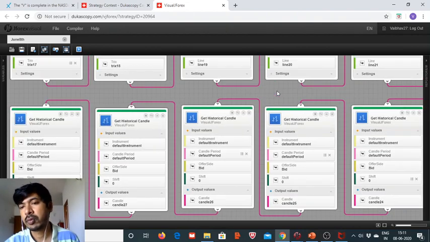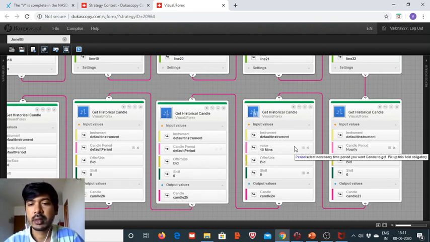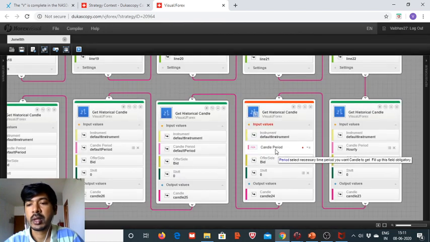Okay, now let us change the parameters as per our requirement. And this also needs to be changed to 1 hour each.